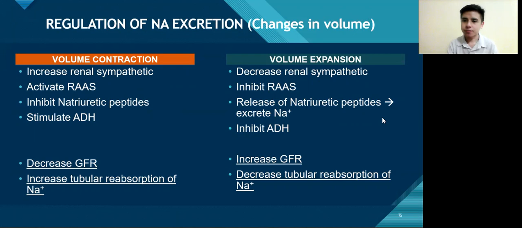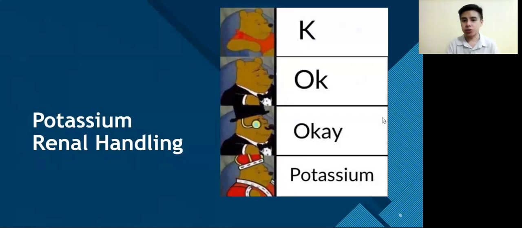Okay, let's talk about potassium. How does the kidney regulate our potassium? Take note, the normal value for sodium is around 135 to 145, so there is a 10 millimole allowable range. For potassium, it's a different thing.